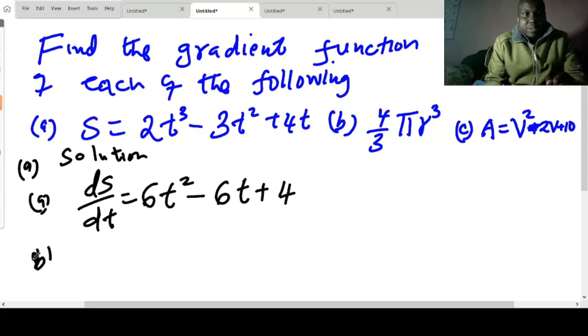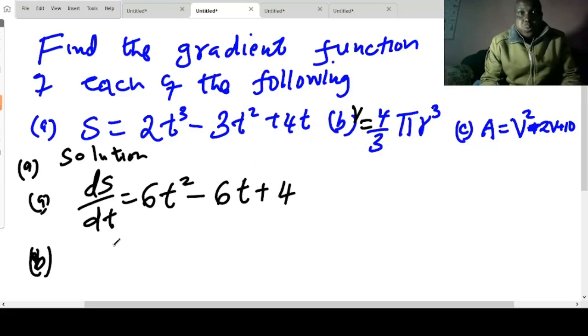The second one, B, we are going to differentiate. I have just copied wrong. V is equal to 4 over 3 pi r cubed.